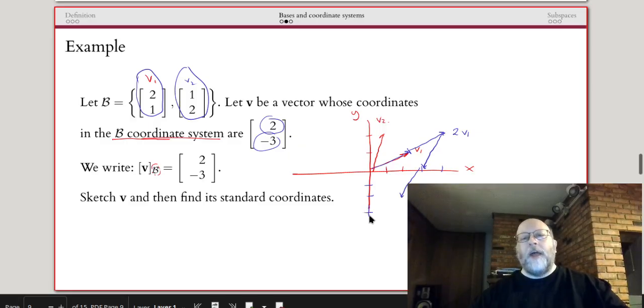And then back to the left and 2 down a third time. And that's -3 copies of v2. And when we're done, we ended up at the point 1, -4.